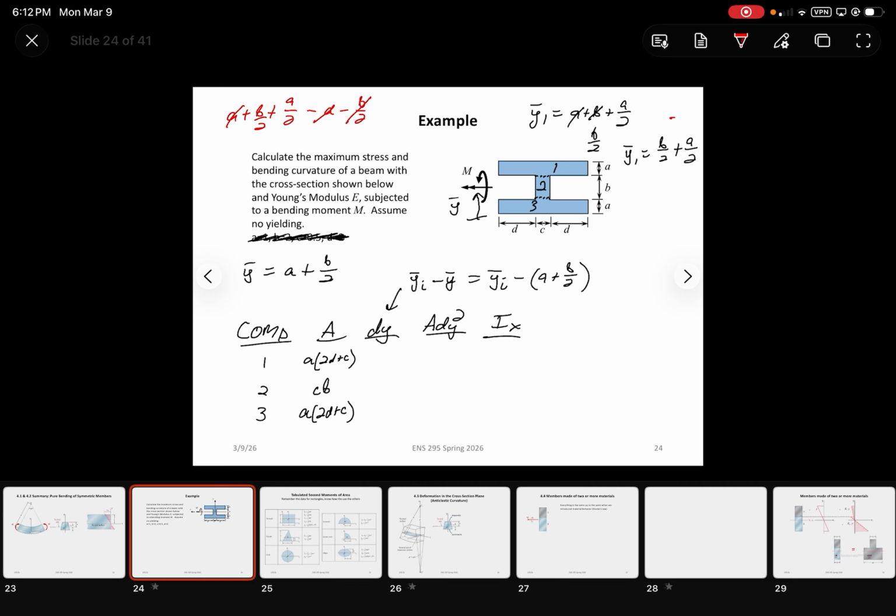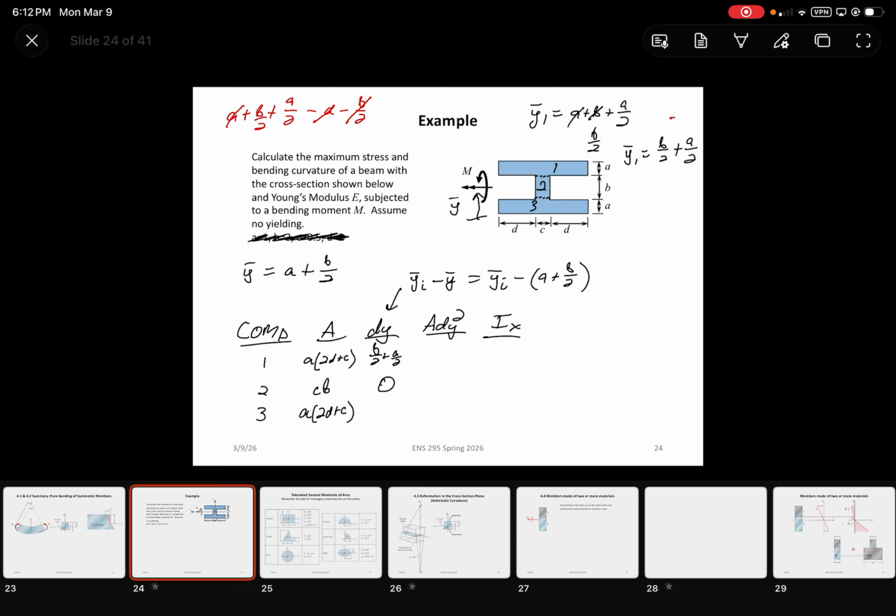All right. So we've got b over 2 plus a over 2. For 2, dy, the centroid of that is actually directly in line with the neutral axis. It's right on the neutral axis because it's symmetric. So it's 0.